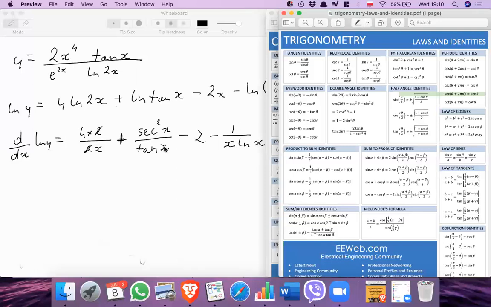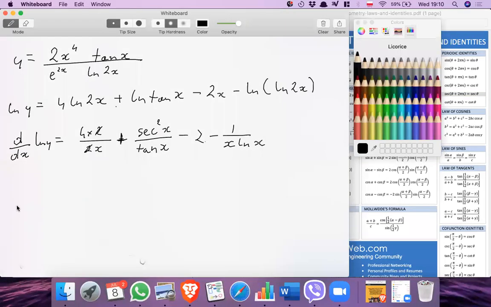Okay, so I can say that secant squared is 1 over cos squared of x. And if that's the case, I can do that substitution in here, and I can substitute sine over cos for tan of x.